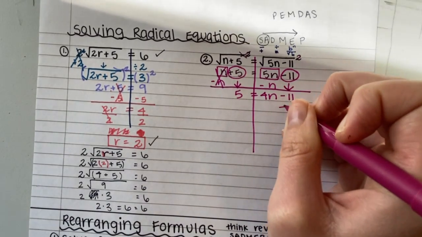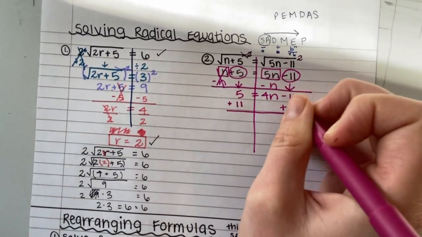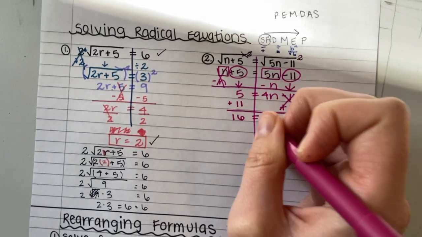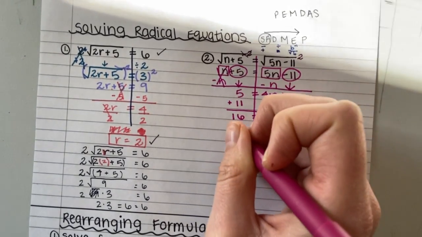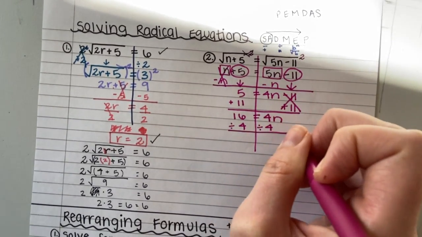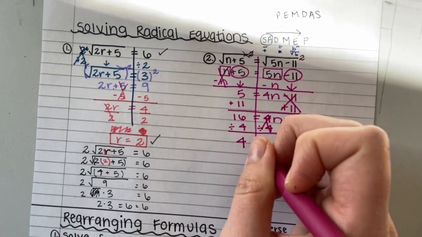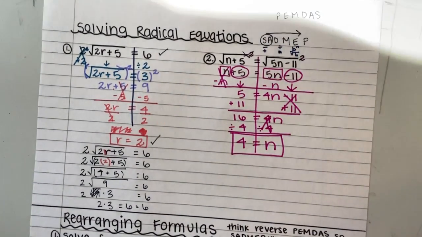Then I'm going to add or subtract to get the constant only on the other side. And now I can do multiplication or division to get n totally by itself. And that's it.